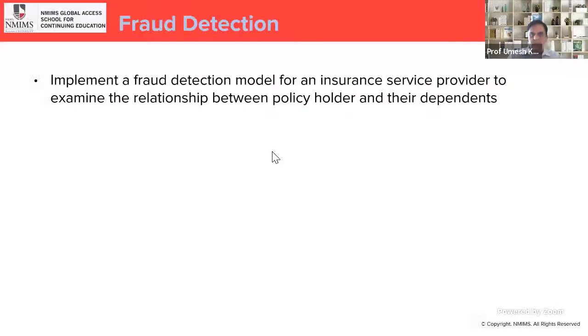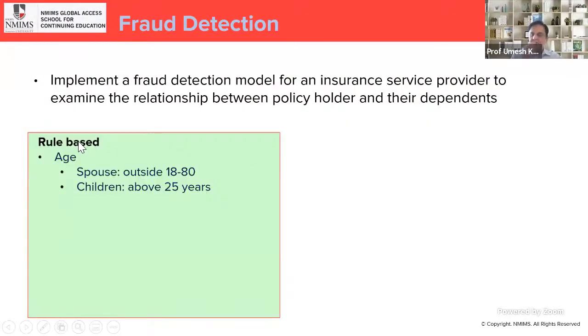And one of these is also things like whether or not, what is the age of the person? Do you think age is an important variable to look into? So guys, if it was a rule-based system, marital status, yes, and the age of the policy holder, the age of the spouse and the age of the child becomes important.